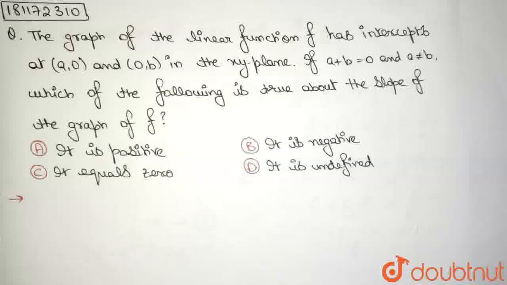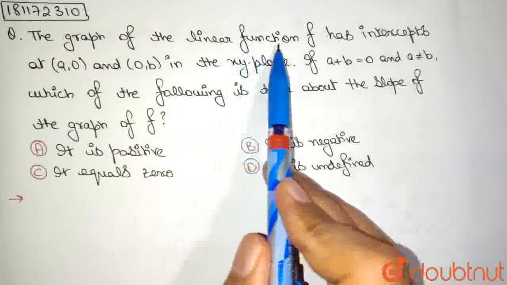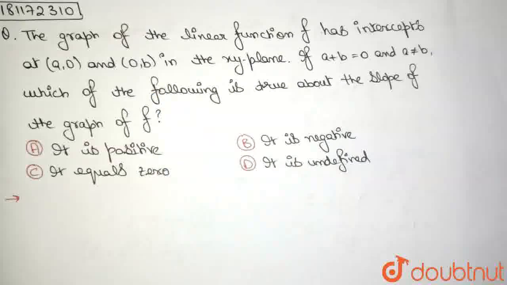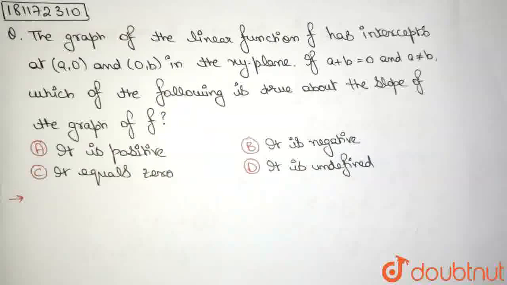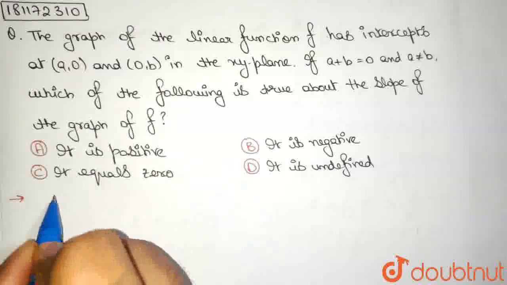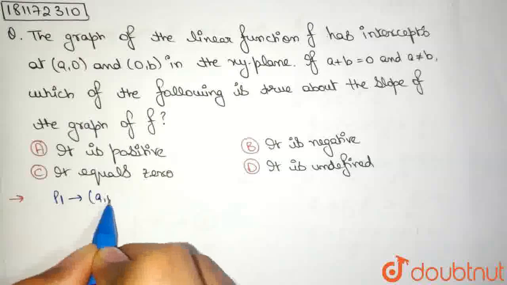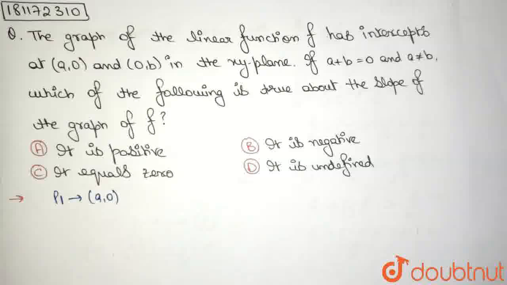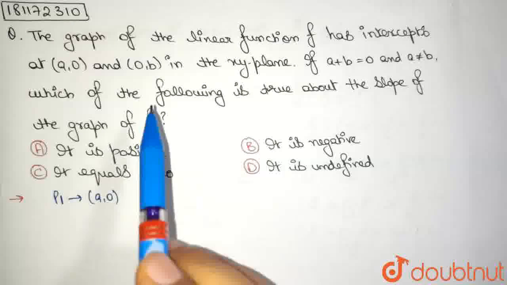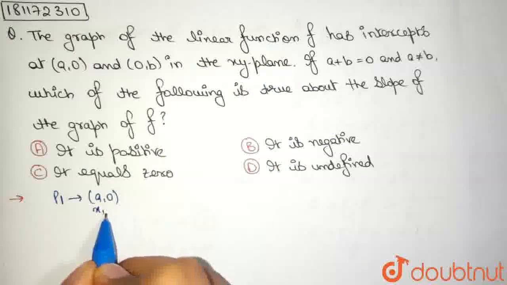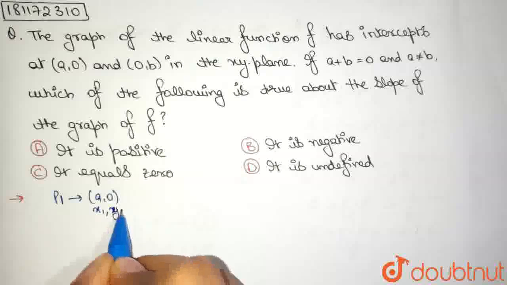So here I can say this is a linear function. A linear function simply means line, right? So I can apply the formula of a line in order to find the slope between these 2 points. So let me call point 1, p1, as a, 0 for easier understanding. Since this is lying in the xy plane, I can say this is x1, y1.